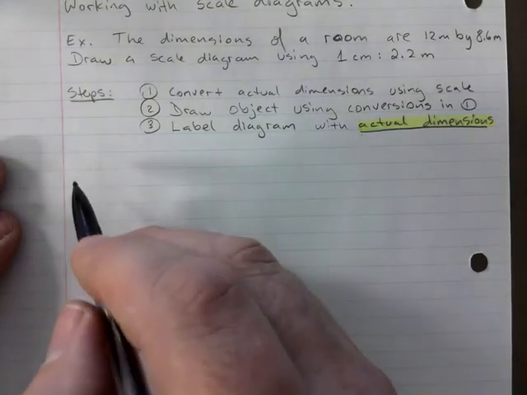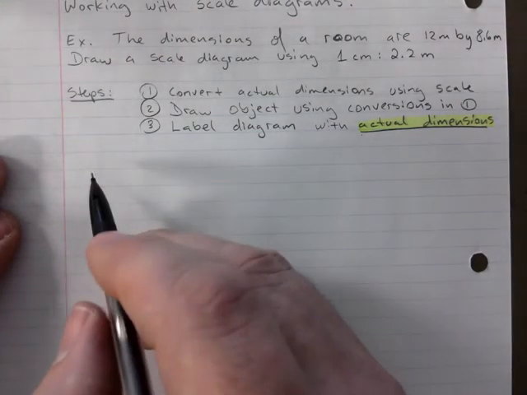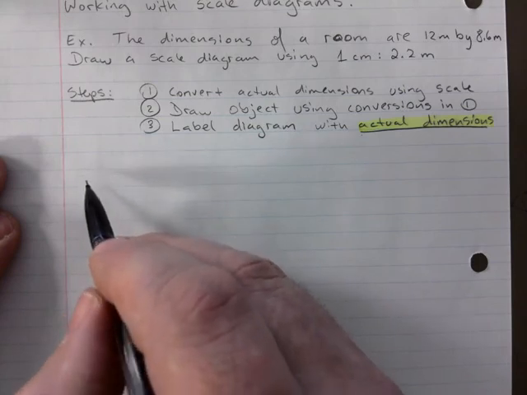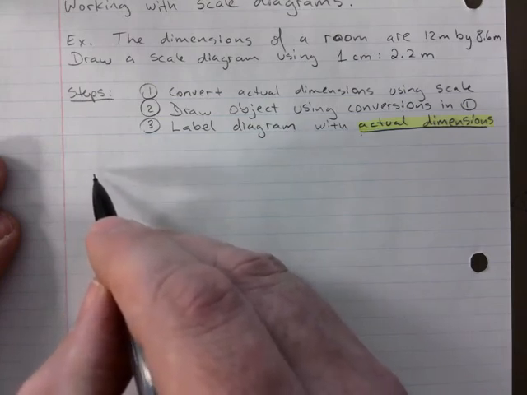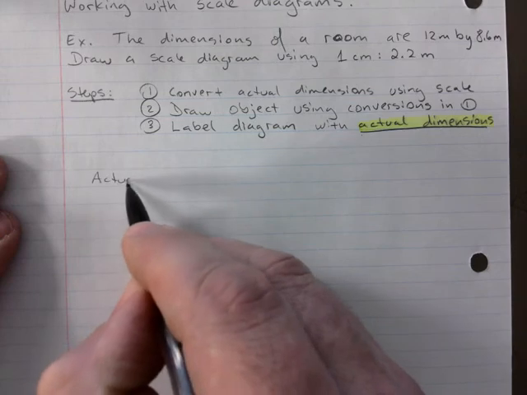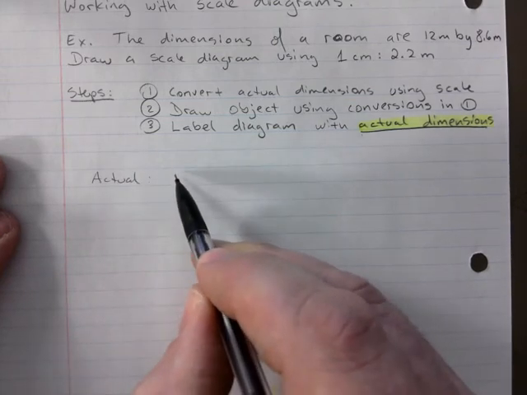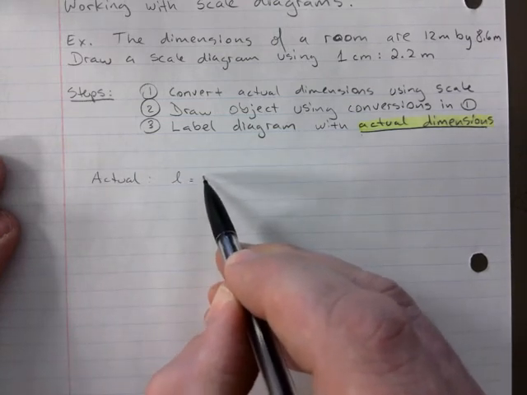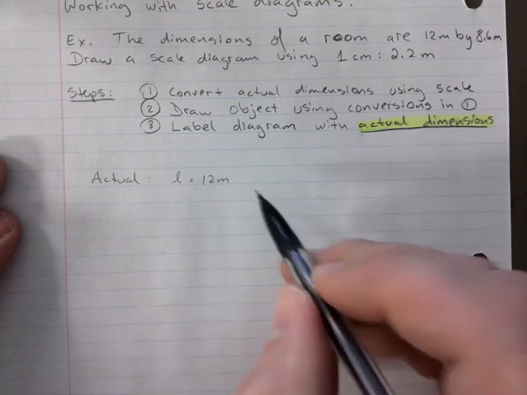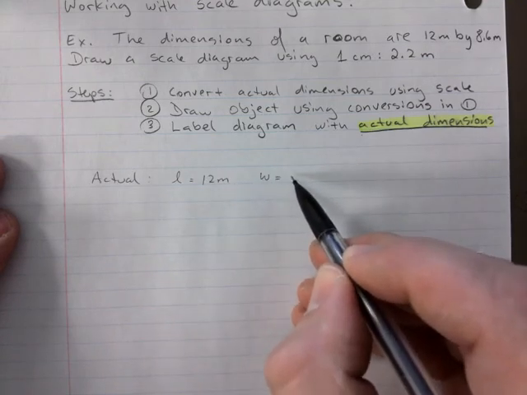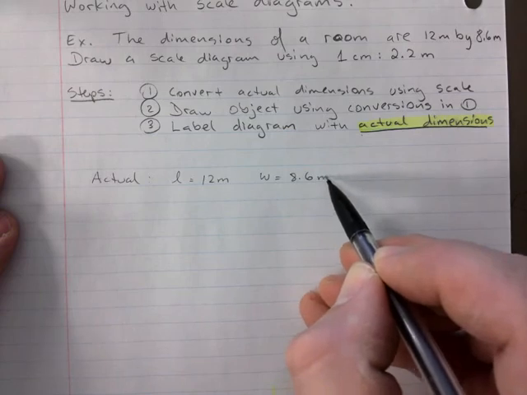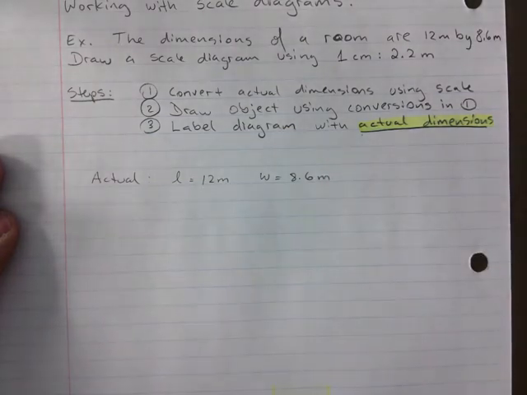So watch how I do this. Basically, if you look at actual dimensions of the room, right, we have the length is 12 meters and the width is 8.6 meters. Okay.